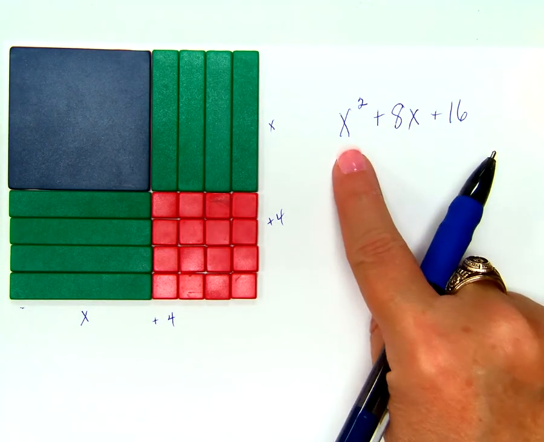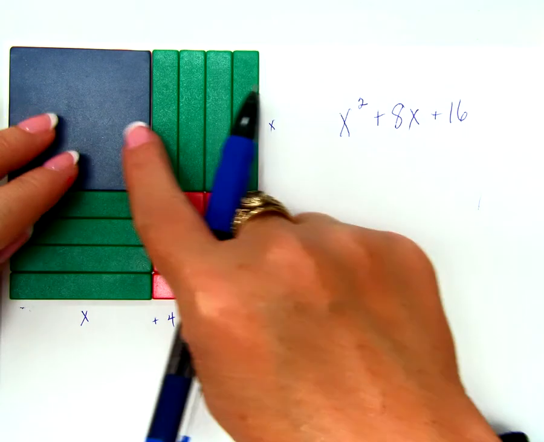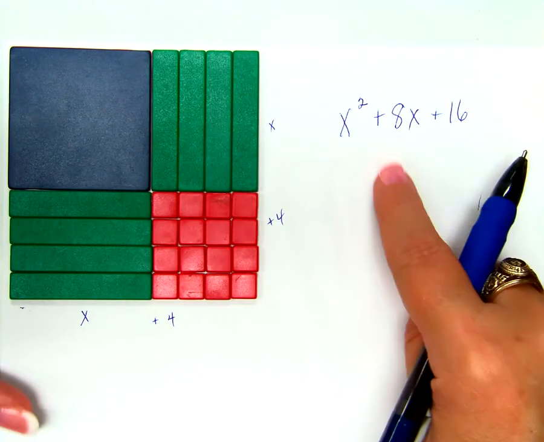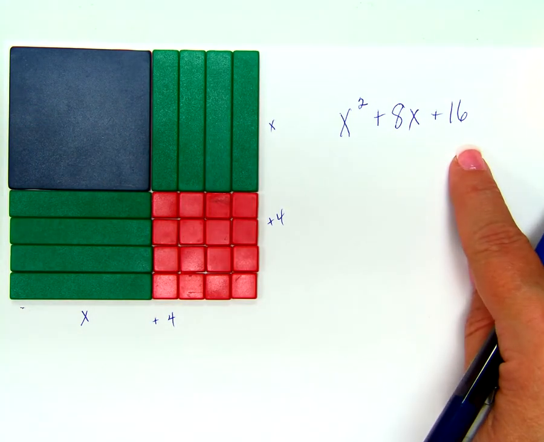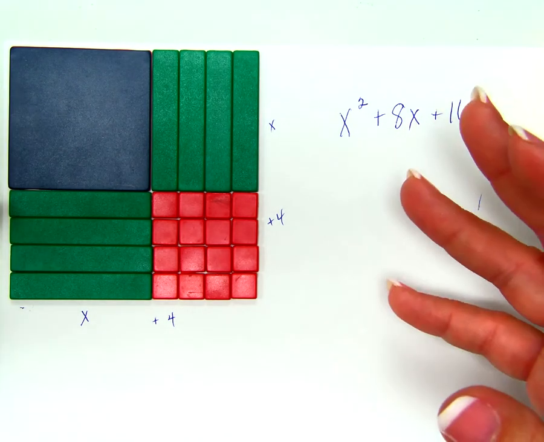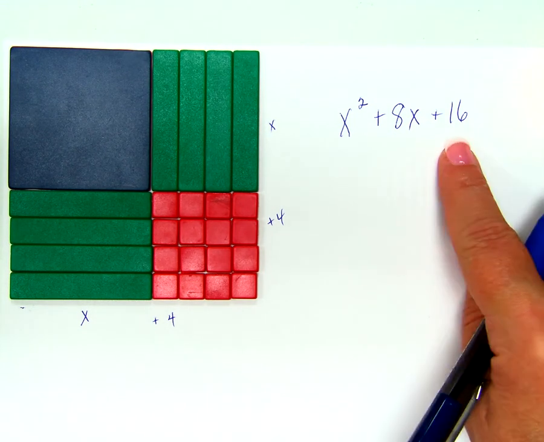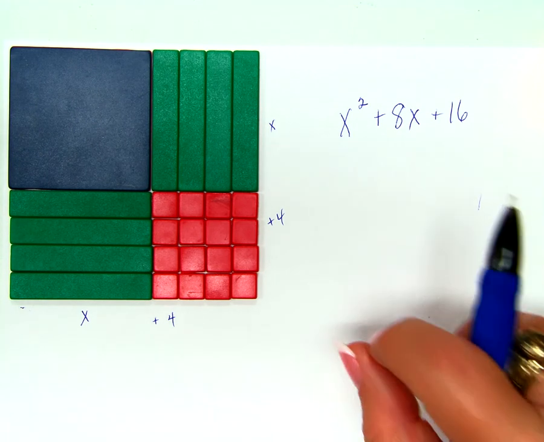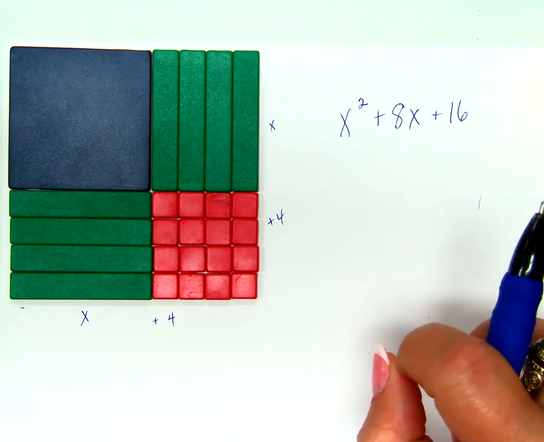So what we have just created here, not only area model-wise, but algebraically, is a perfect square. Now, by definition, a square is a square, right? All the sides are the same anyways, but algebraically what we've created is a perfect square trinomial. Now, what's really cool about perfect square trinomials is that you can factor them in a specific way, right?